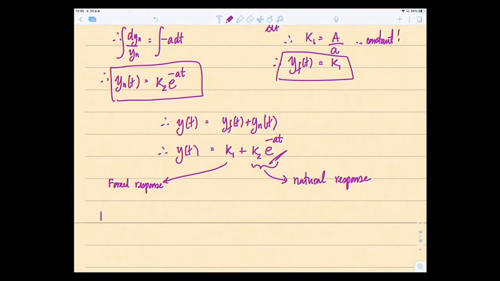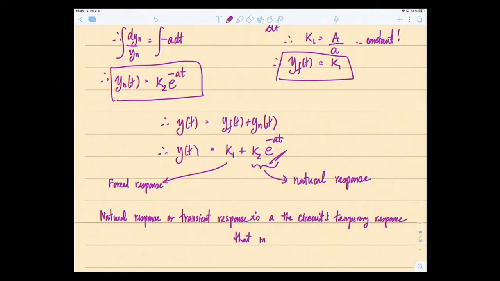So the natural response also has another name, the transient response. It is defined as a temporary response that will die out with time.